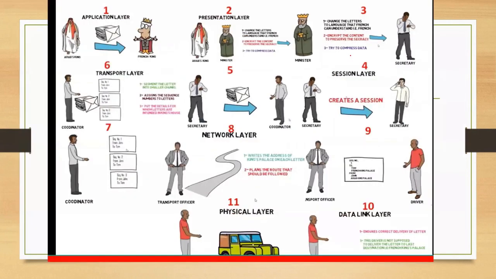Here I'll tell you an example for layer 1, physical layer. Take the story: the Arab king wants to send a message to the French king. We just want to carry the message from the Arab king to the French king. So in the physical layer, we have to transmit the Arab king's message to the French king, using some physical devices.